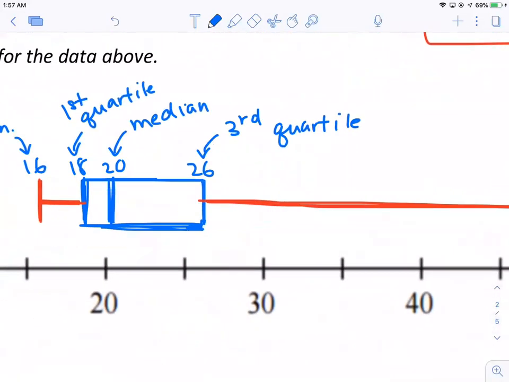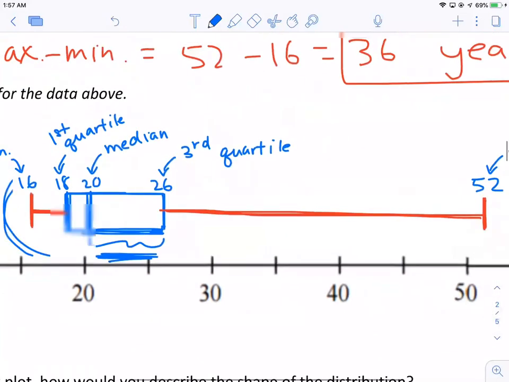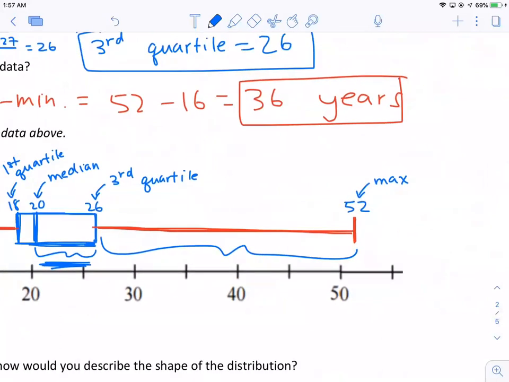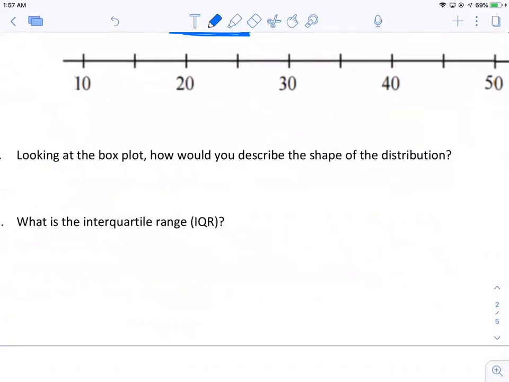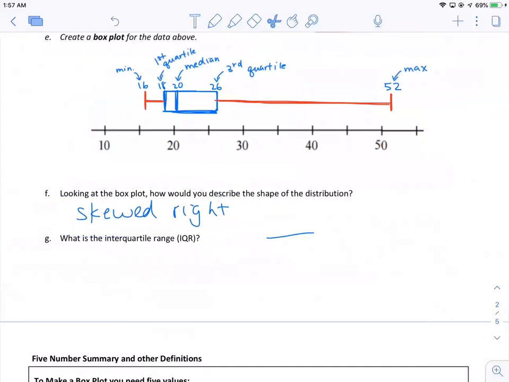You can see that by how wide this portion of the box is over there, and how wide this portion of our graph is as well. So this is definitely going to be skewed to the right. Skewed right. The reason for that is we have longer sections on the right side in our box plot.